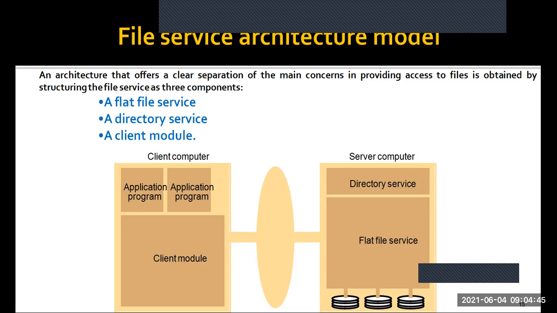See, in this picture, the client computer has the application programs with it, and it has the client module, so that it communicates with the server computer consisting of the directory service and also the flat file service. As we know, the client requests file access from the server.